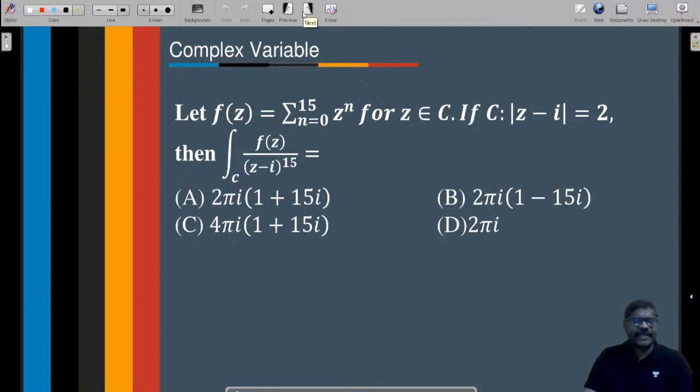Evaluate the integral of sigma n equal to 0 to 15 of z power n, where mod z minus i equals 2. The circle has i as the center with radius 2 units.